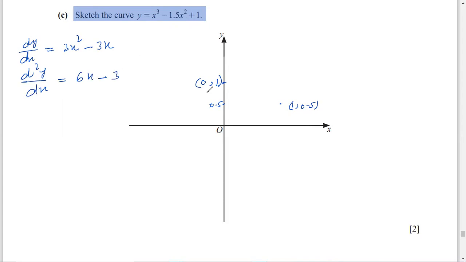Now we can test d squared y over dx squared at x is equal to 0. That is equal to 6 times 0 minus 3. So that is negative 3, which is less than 0. If the second derivative is less than 0, it means the point where x is equal to 0 is a maximum.